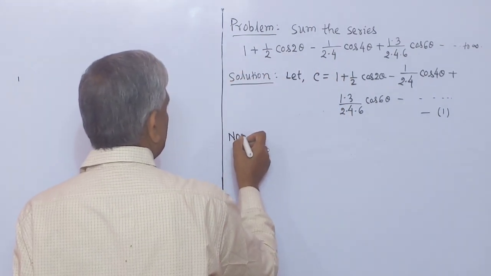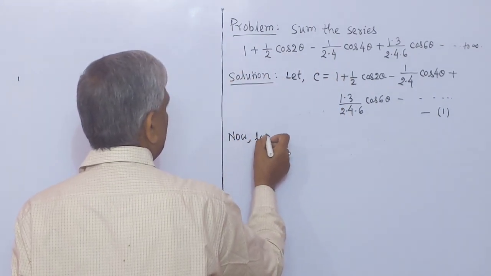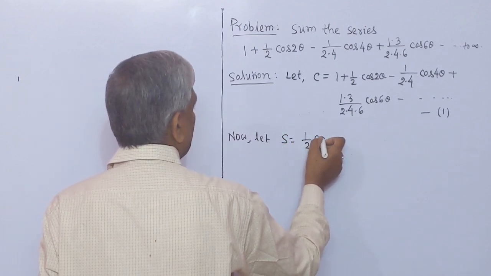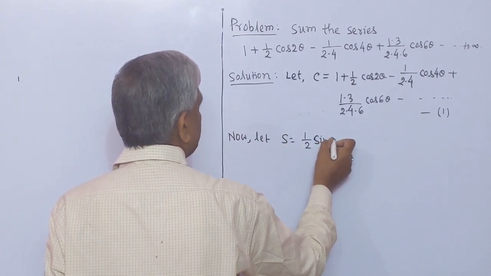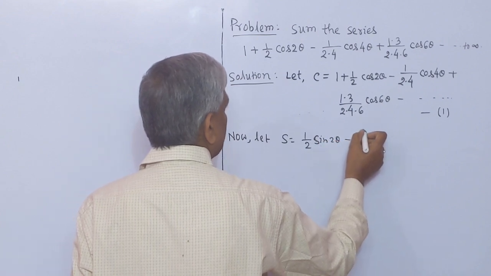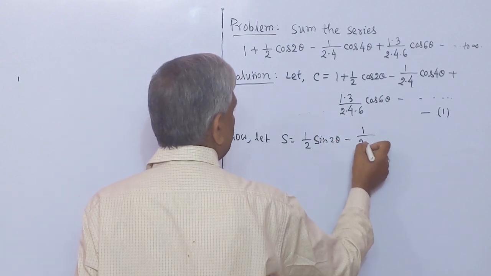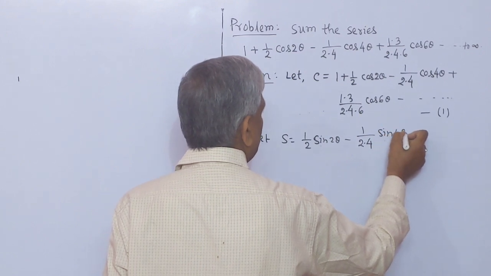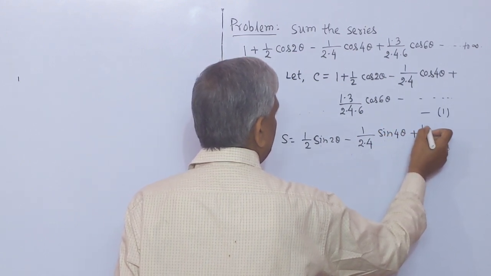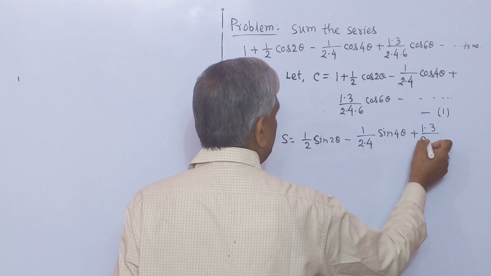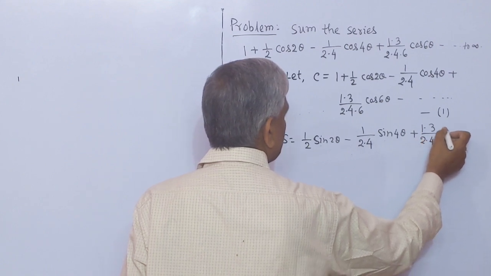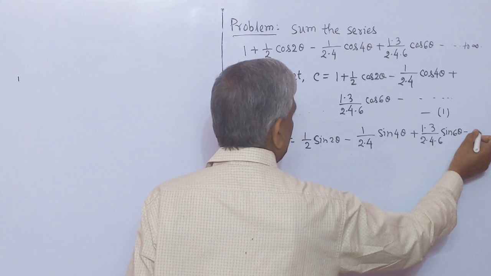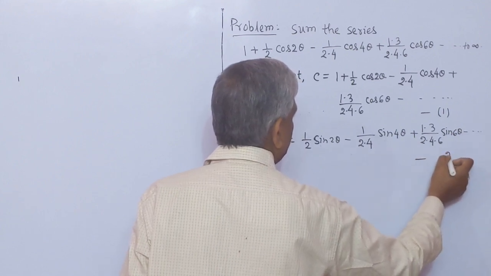Now let S equal to half sin 2 theta minus 1 by 2 multiply 4 sin 4 theta plus 1 multiply 3 by 2 multiply 4 multiply 6 sin 6 theta minus dot dot dot. Let this be number 2.